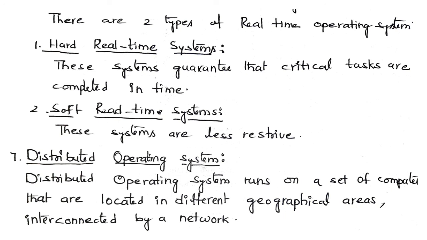Once again, revise this video and listen carefully. The types of an operating system, those are single user operating system, multi-user operating system, multiprocessor operating system, multitasking operating system, real-time operating system, and distributed operating system.